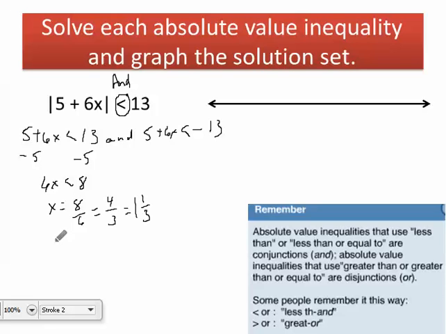So x is less than 1 and 1/3. Okay? Let's try this other one over here. We subtract 5, and we get 6x is less than -18. And we divide by 6, we get x is less than -3.